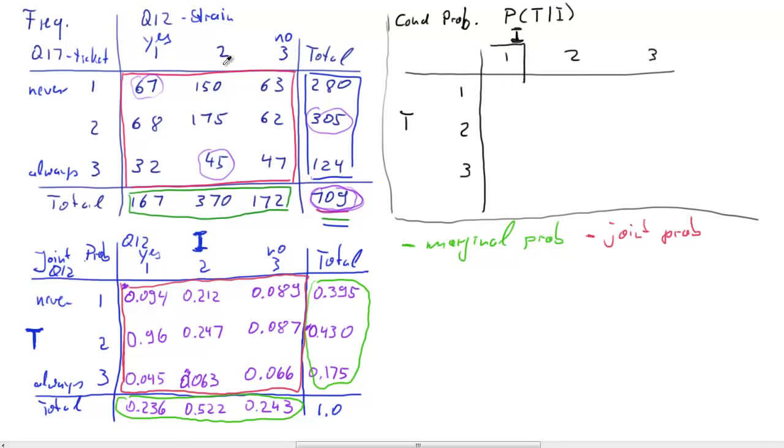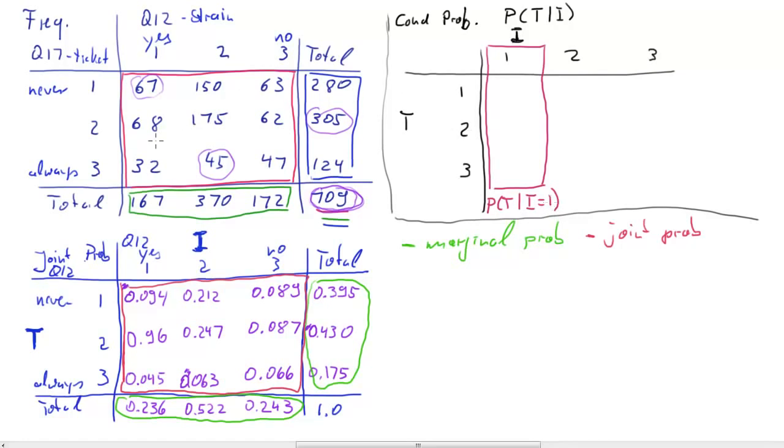And let's say we want to start by conditioning on the outcome for I being 1, meaning we focus on respondents that think that indeed immigrants are a strain on the welfare system. Let's look at this red boxed area only. So what we are calculating is the probability for t conditional on I being equal to 1.